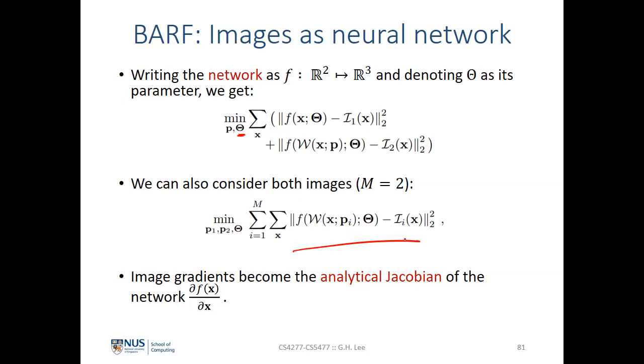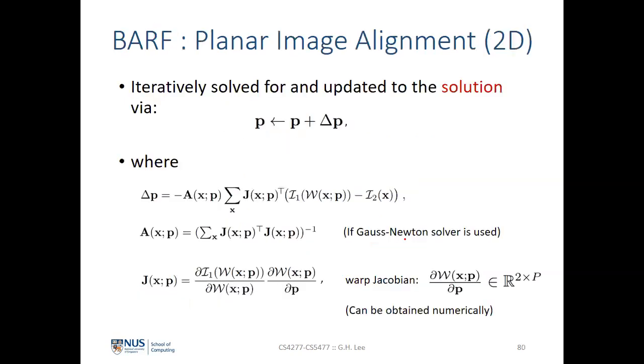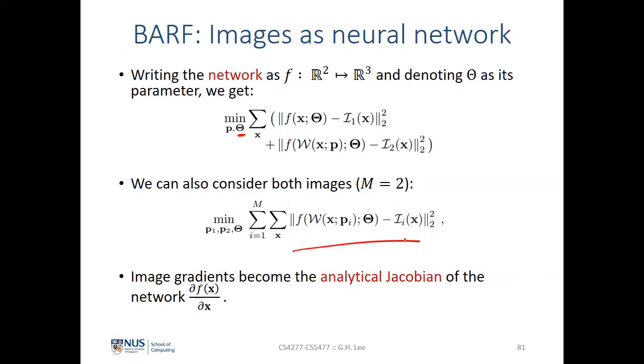Now the Jacobian, if you take the partial differentiation and update it this way, is no longer obtained numerically. This is simply your backpropagation. Because this is a network, you can do backpropagation, compute the Jacobian and update it. What's interesting here is that you are replacing it with a general network.